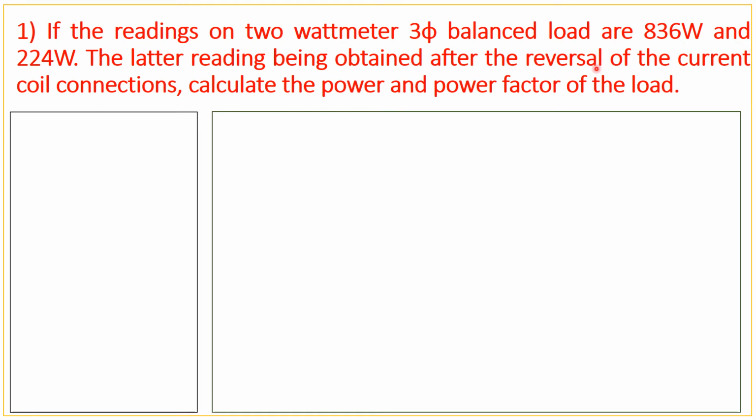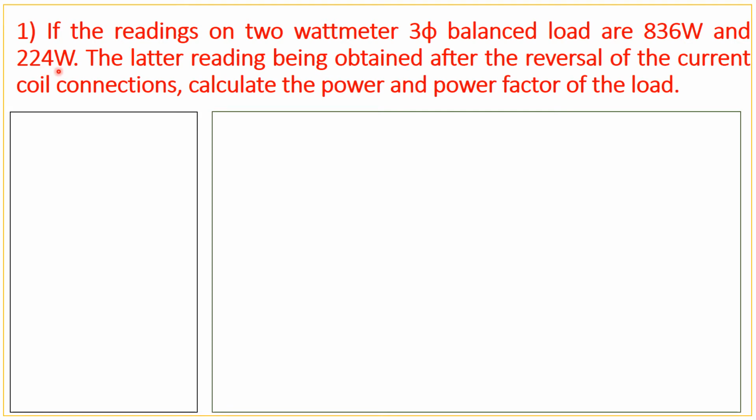So whenever I reverse the current coil, remember the deflection will also reverse. So it was earlier showing the deflection towards the left side, meaning it was going out of the scale. So whenever you reverse the current coil, it will show you some value, here 224.